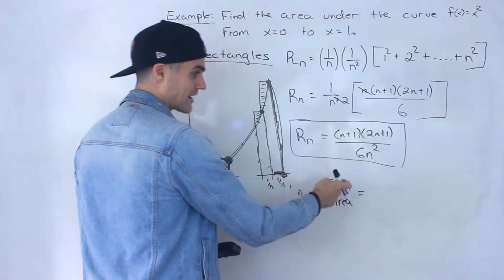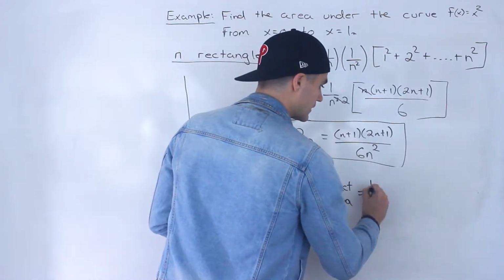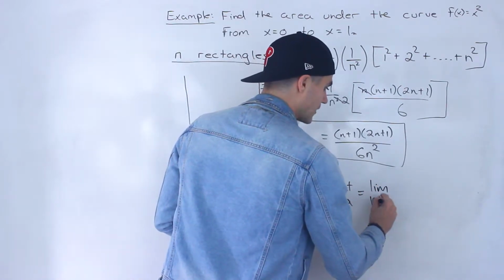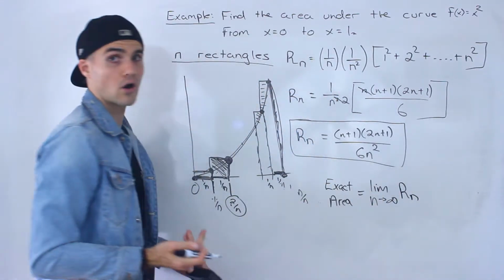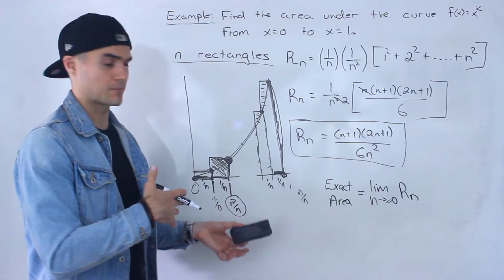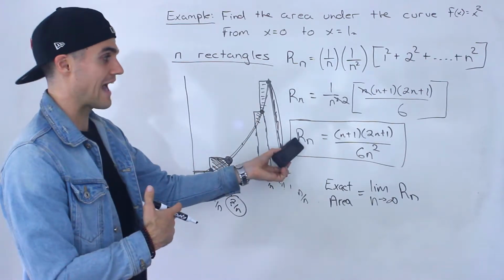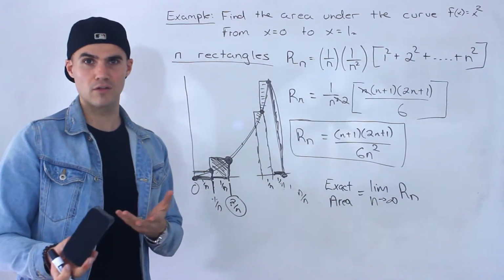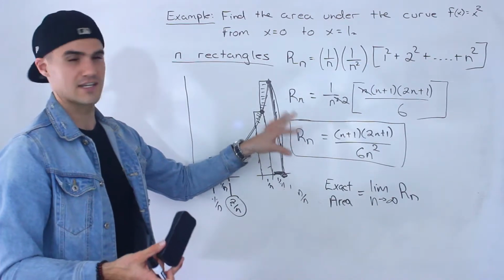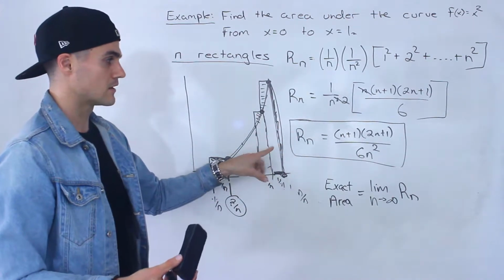So the exact area is basically the limit as n approaches infinity of whatever your Rn is going to be, or your Ln. I'm going to go through deriving the Ln formula, though it's not as important. You basically just have to derive one of them, and usually the Rn formula is easier to derive than the Ln.